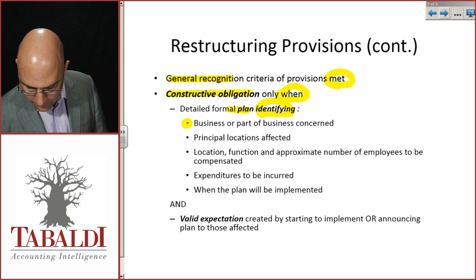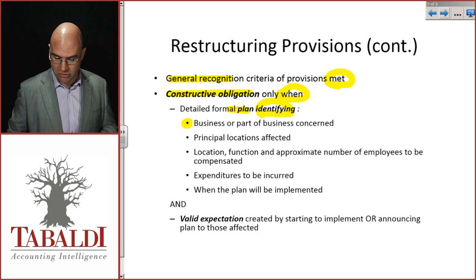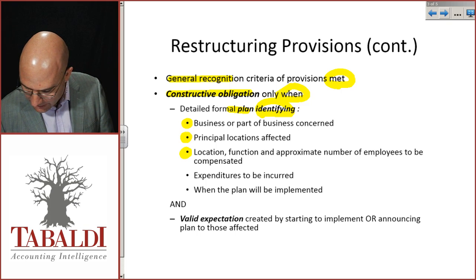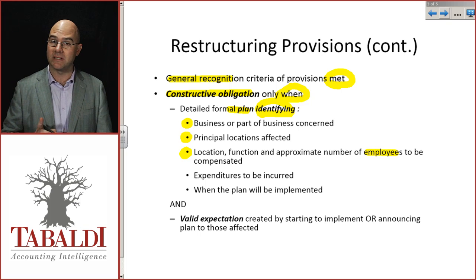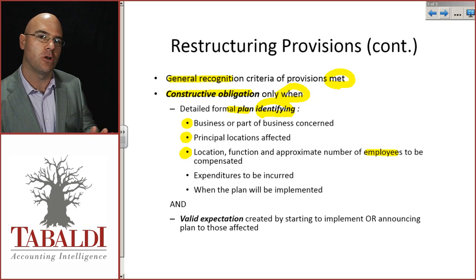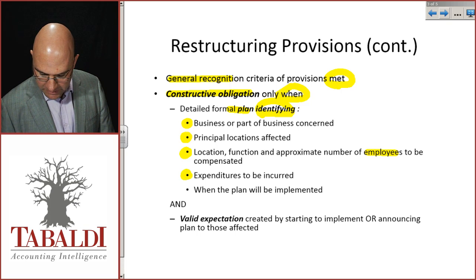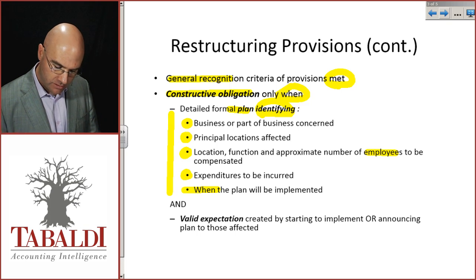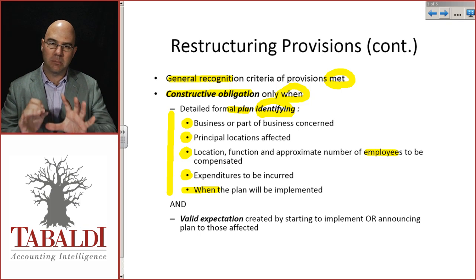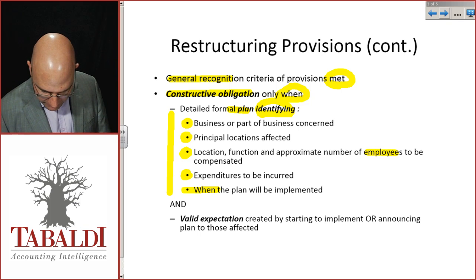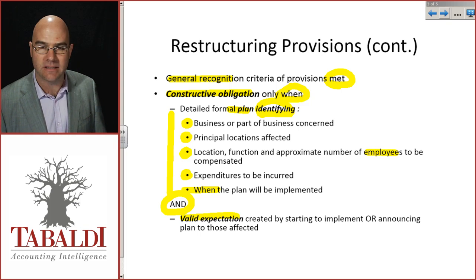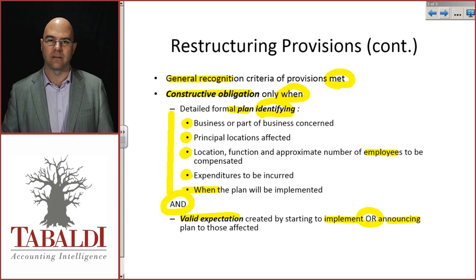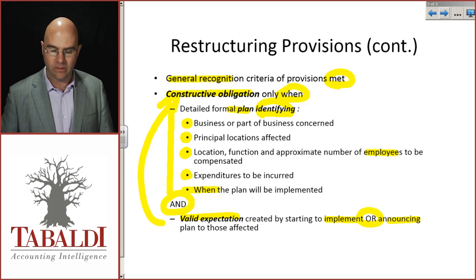The business or part of the business concerned that's being restructured, the principal locations that are being affected, the location, function, and approximate number of employees who are going to be compensated, not for ongoing services, but for termination or retrenchment, any direct expenditures to be incurred, and also when the plan will be implemented. Again, professional judgment is needed to assess whether the detailed formal plan meets those criteria. On top of this, there must be a valid expectation created by starting to implement or announcing the plan to those affected. That obviously links back to the constructive obligation.